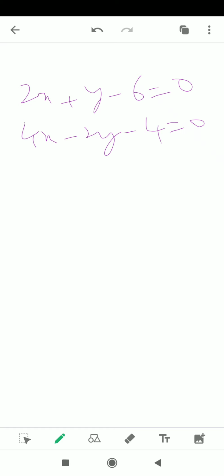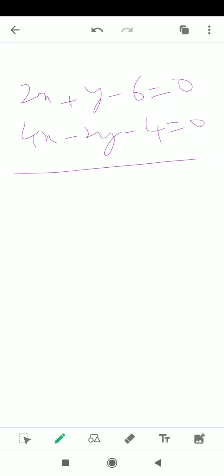What is the equation that is given here? The first equation is 2x plus y minus 6 is equal to 0. The other line is 4x minus 2y minus 4 is equal to 0.